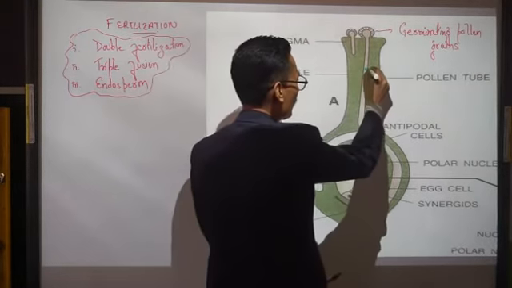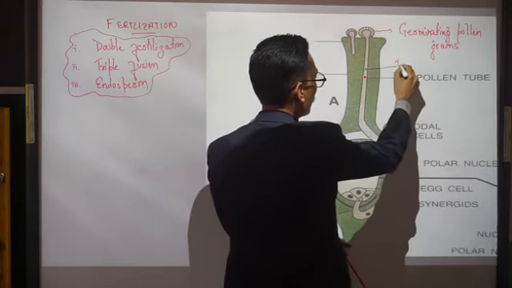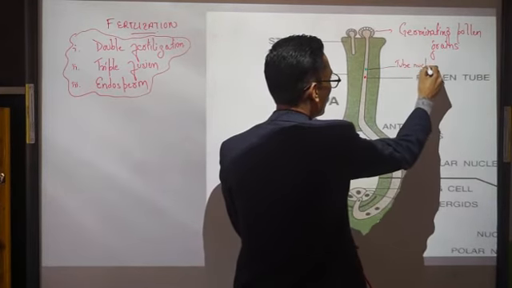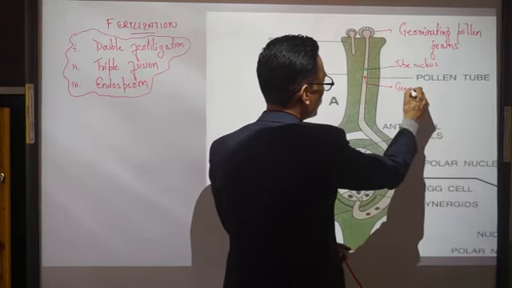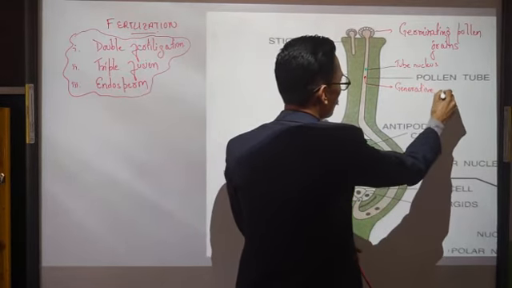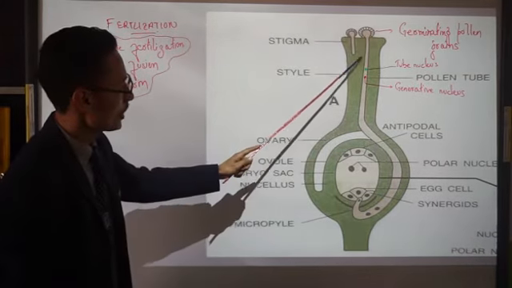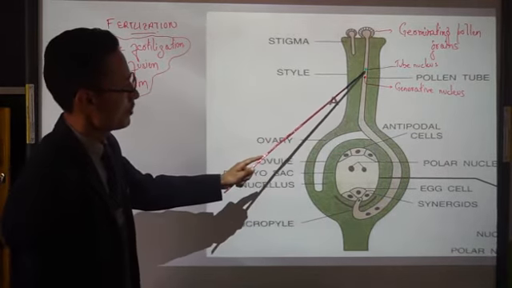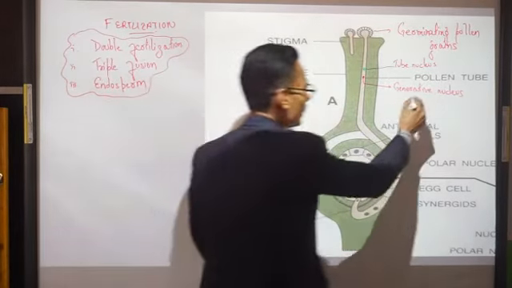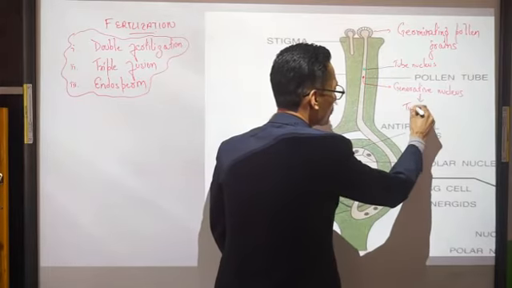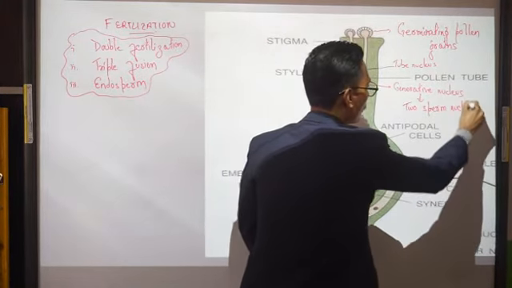Let's consider that the first one is the tube nucleus, and the second nucleus will be our generative nucleus. Clear? So inside the pollen tube, we will find 2 nuclei, the tube nucleus and the generative nucleus, which will again divide to form 2 sperm nuclei.